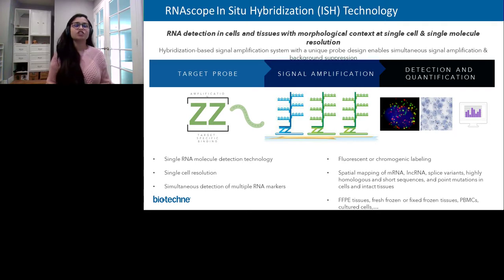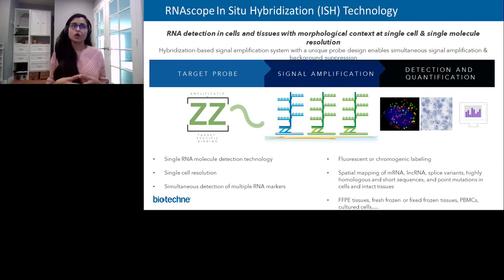The RNAscope technology is perfectly positioned to visualize gene expression analysis with spatial resolution in really complex tissues like the tumor. A heterogeneous tissue like the tumor has different cell types that are interacting with each other within the tumor microenvironment. So to study the function of the different cell types present within the tumor microenvironment, it is essential to use a highly sensitive technology.